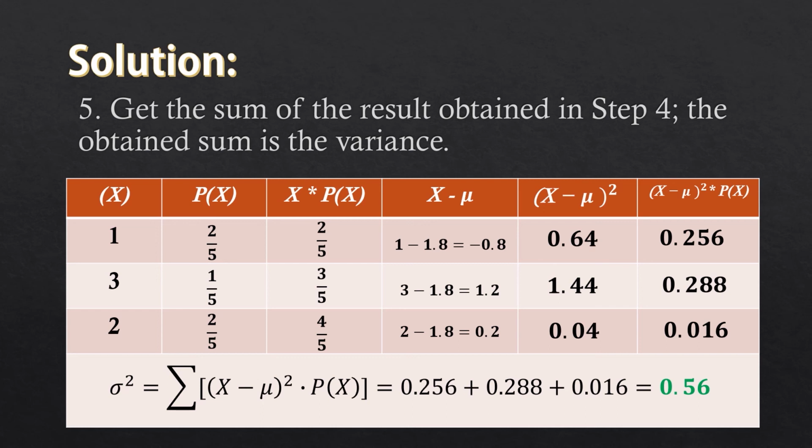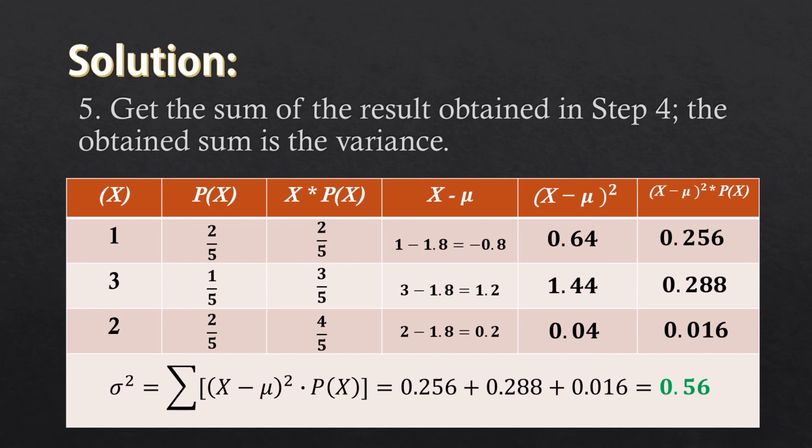So this means 0.56 is the separation of the values in our distribution from the mean of our random variable values.